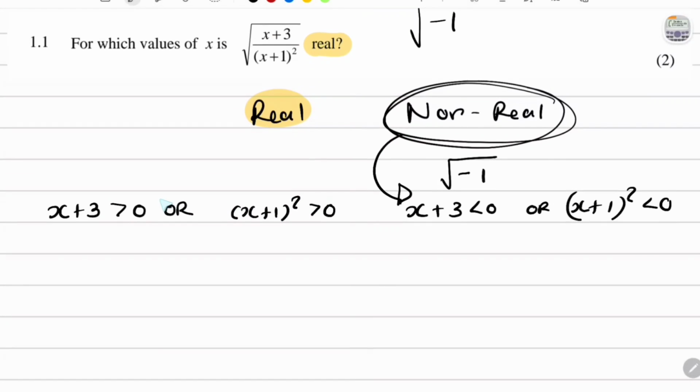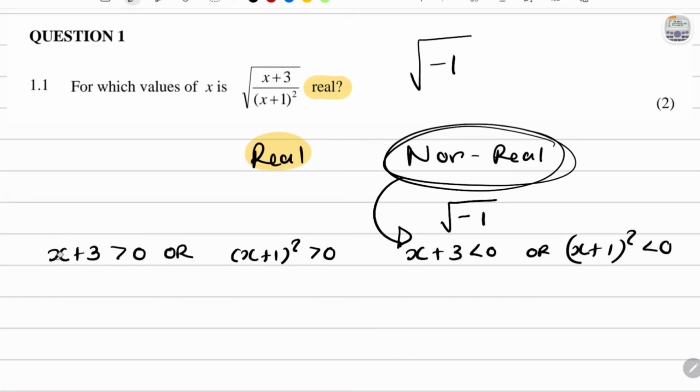Now we just have to look at this and see if we're making sense, and see if it's really going to produce all real values for this expression. So x plus 3 is the numerator, and I'm saying that it needs to be greater than 0. I just said that because I was trying to explain what real numbers would be if we compare them to non-real numbers.